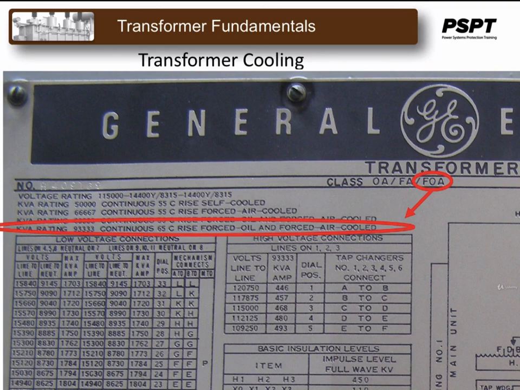You can also raise the output of the transformer temperature to 65, which would allow you to go to 93.333 MVA, and this would be, of course, running the forced air as well as the oil pumps to cool this type of transformer.